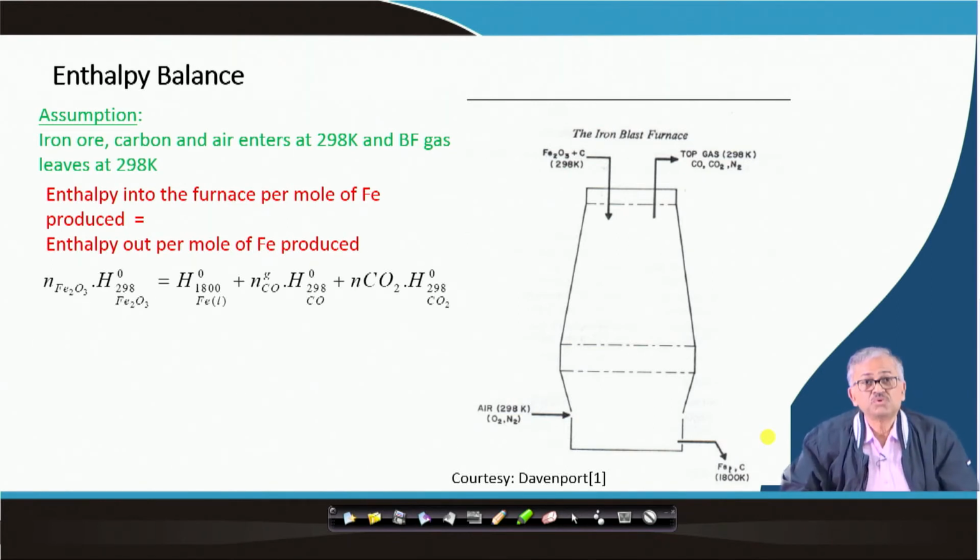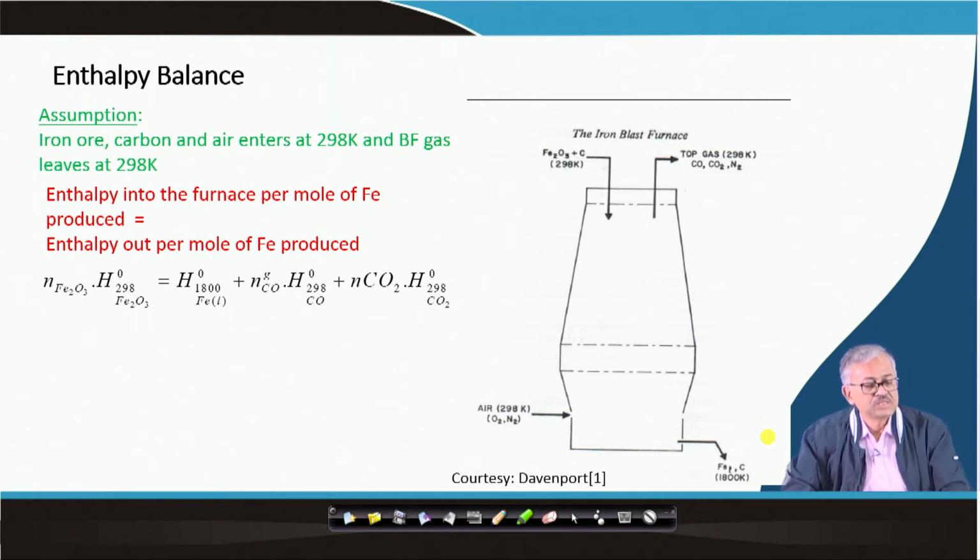So, what are the inputs? The input is through the Fe2O3, that is the ore. I am not considering the gangue here, because that will be taken care of in the slag formation. So, the input enthalpy through the Fe2O3 can simply be represented as H0 298 of Fe2O3.